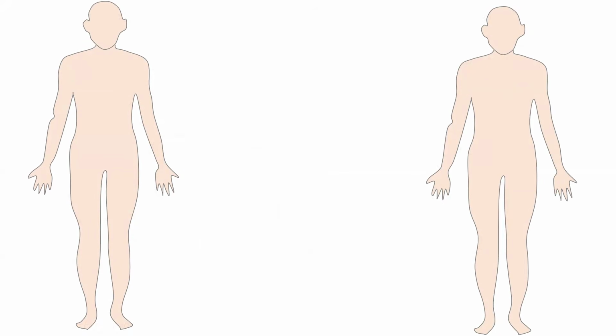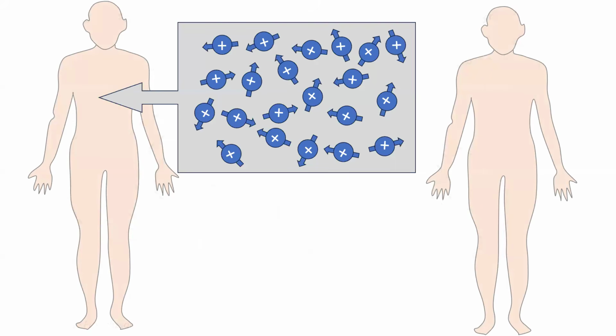We can basically use any kind of atom with an odd number of protons or neutrons as the basis of our MRI signal, but we have chosen protons. Protons just consist of one proton, so we have an odd number of protons there. And our body is filled with them.